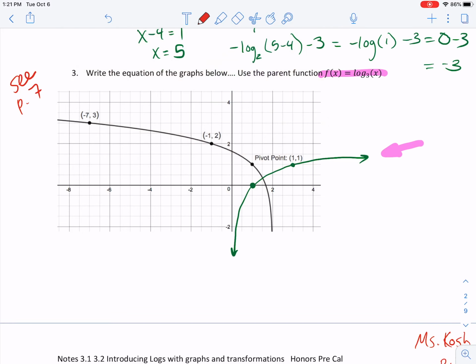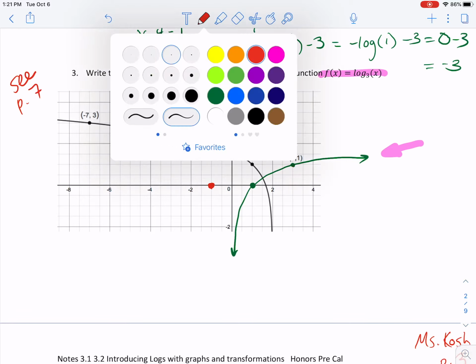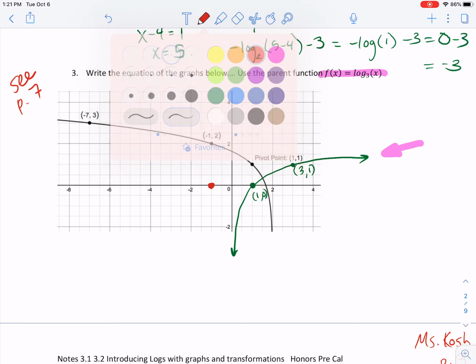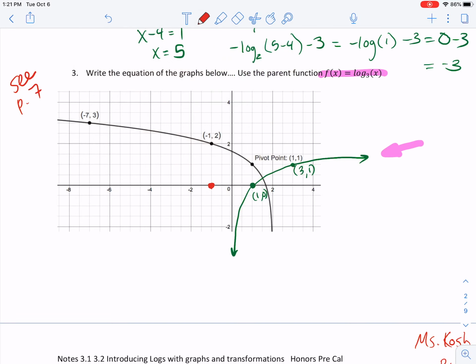If we reflect it over the y-axis, then this is the point (3, 1), this is the point (1, 0), and after reflecting over the y-axis I now have the point (-1, 0) and the point (-3, 1). And we still have the same asymptote. Okay, and that's that reflection.